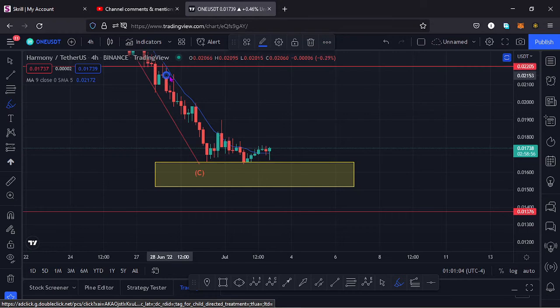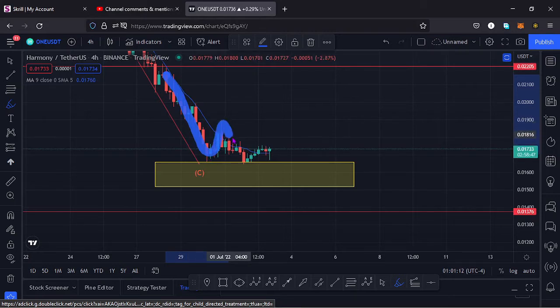We have been moving from the upper side, we came down impulsively, then had a bit of a recovery to the upper side, then to the lower side, touching that area of support once more, and now we are trying to have a bit of a recovery to the upper side. So if we continue pushing to the upper side and we make a higher high above this high at around the $0.19 mark, it's possible that this would be a double bottom.